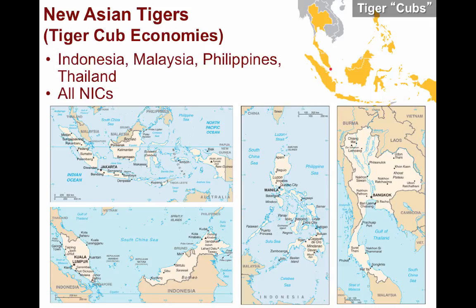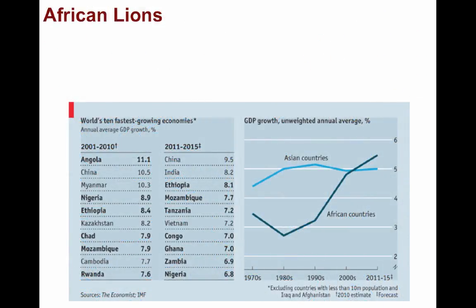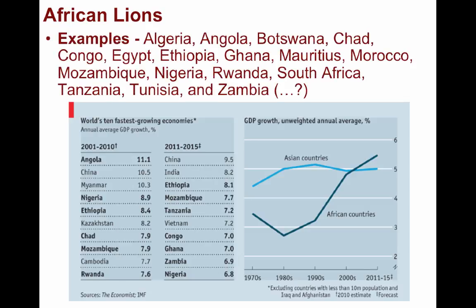Another group that have been on the rise over the past decade are the African lions, the fastest growing economies in Africa, which also comprise some of the fastest growing economies in the entire world. While seemingly no two publications can agree on which countries make up the African lions, they may include Algeria, Angola, Botswana, Chad, Congo, Egypt, Ethiopia, Ghana, Mauritius, Morocco, Mozambique, Nigeria, Rwanda, South Africa, Tanzania, Tunisia, and Zambia.